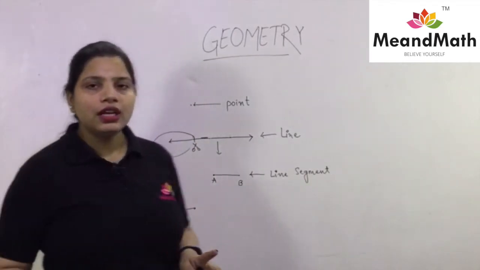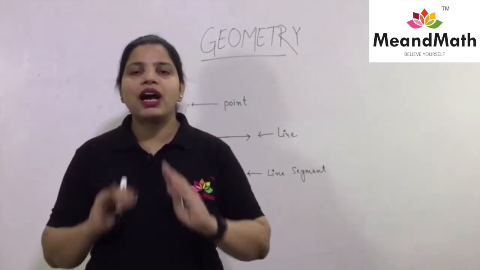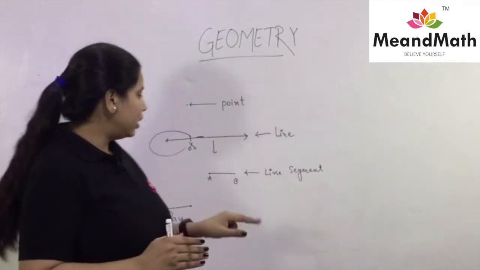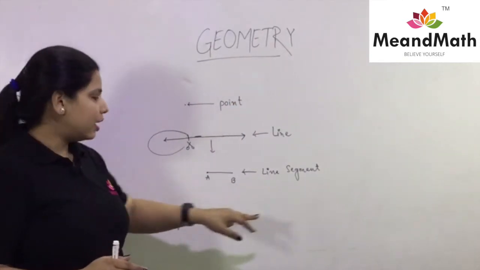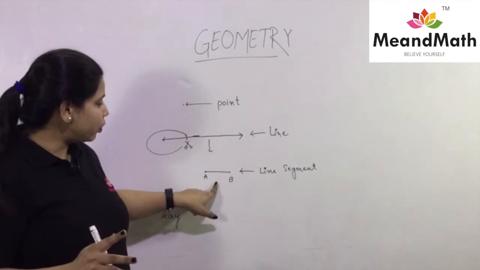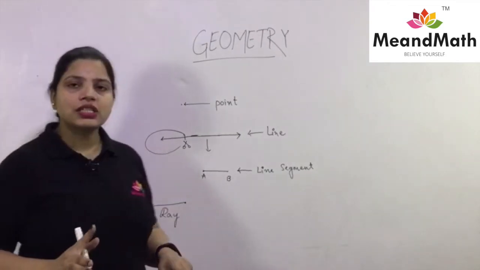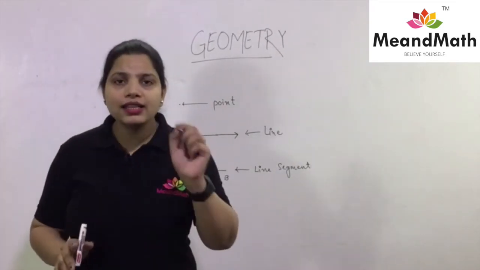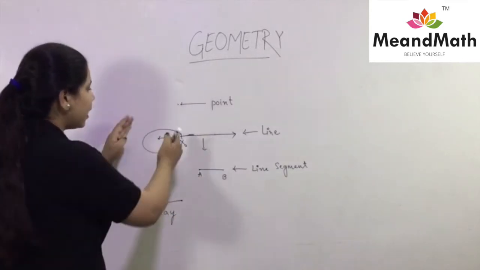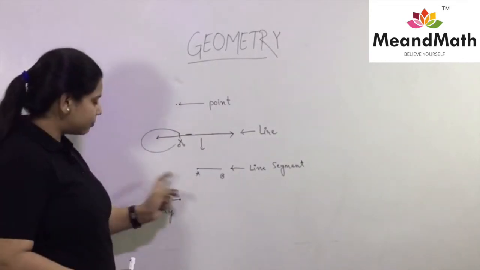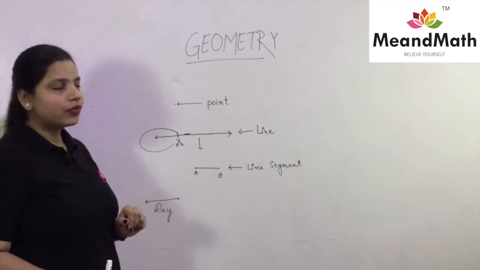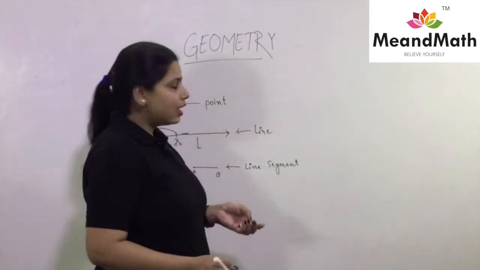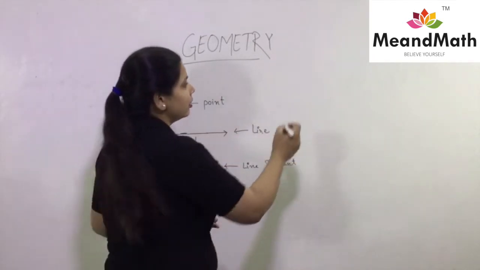Now, if we just cut a particular part from a line and take it out, it will form a line segment which has 2 end points. And if we just split a line from any single point and take a portion out, this portion will be a ray.